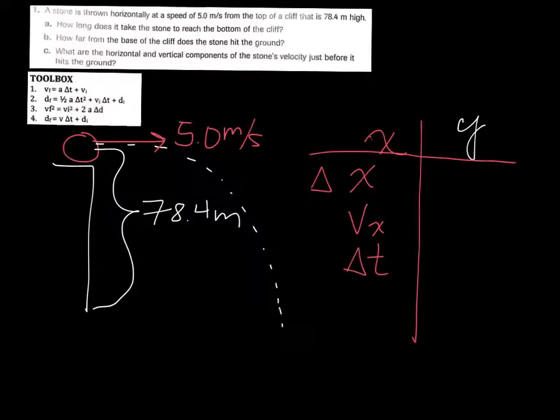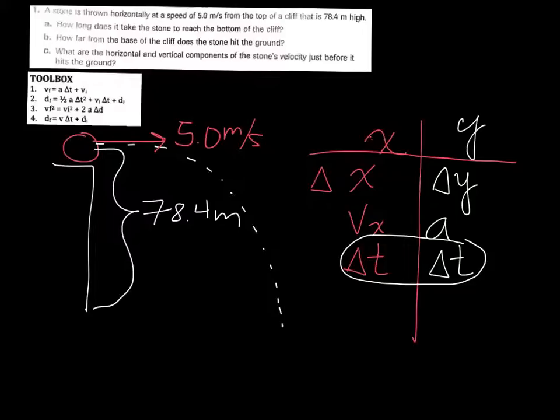On the y side, I've got my change in vertical position, I've got acceleration, I've got change in time, which is the same on both sides, and then I have my initial velocity in the y direction and my final velocity in the y direction.